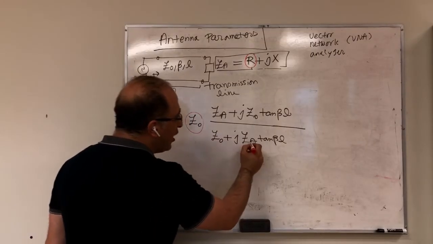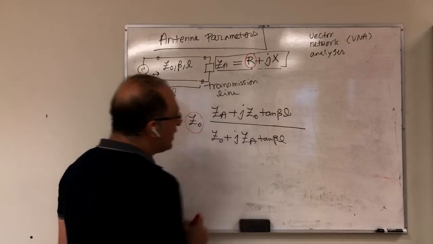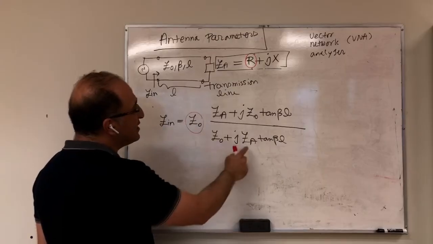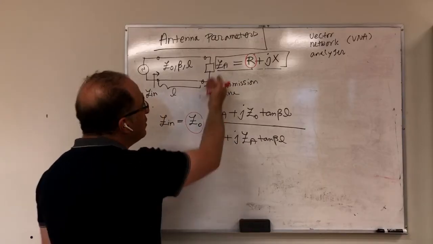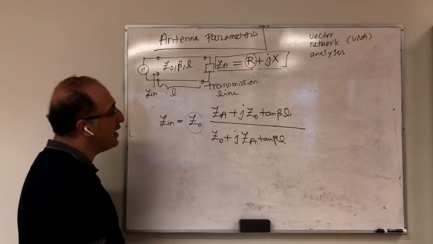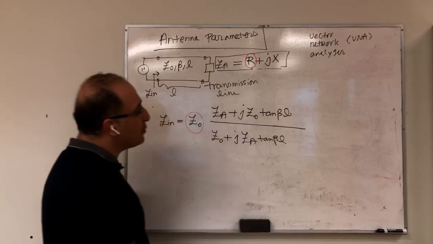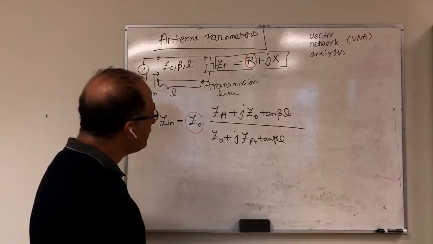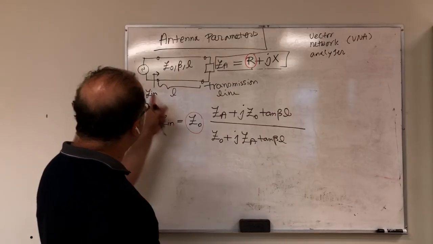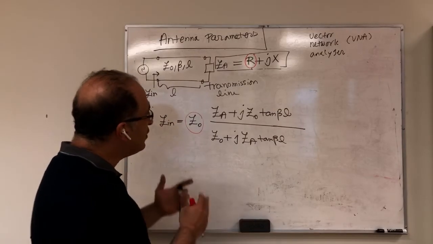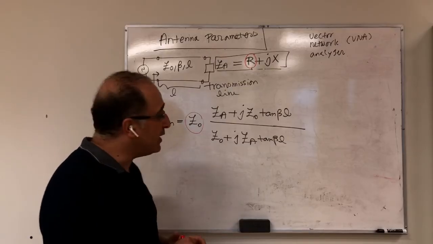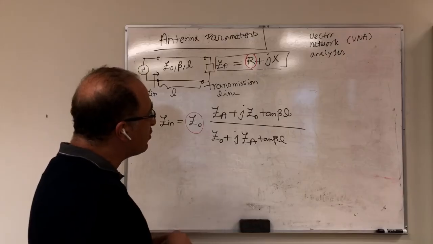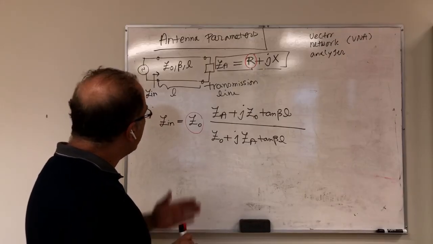It depends on the impedance of the antenna. In previous courses, ZA was ZL, the load, but here I wrote it as Z subscript A. And it depends on beta, the wave number, and length L, the length of the transmission line. In some cases, I'm going to ask you to calculate that.